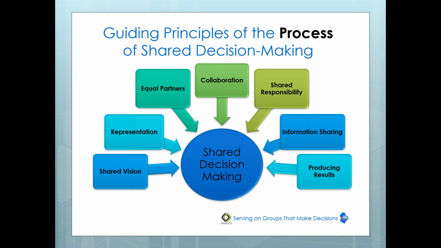Representation means that there has to be consideration for the needs and perspective of everybody that's affected. Otherwise, the group is making decisions for others without hearing their concerns and questions and opinions. So, if you did that, you might get some backlash and lack of buy-in, or your goals might not be reached because you didn't have everybody involved when making a decision.